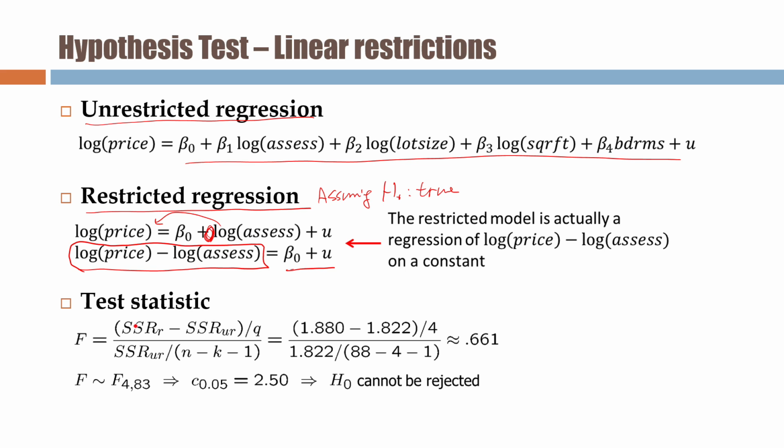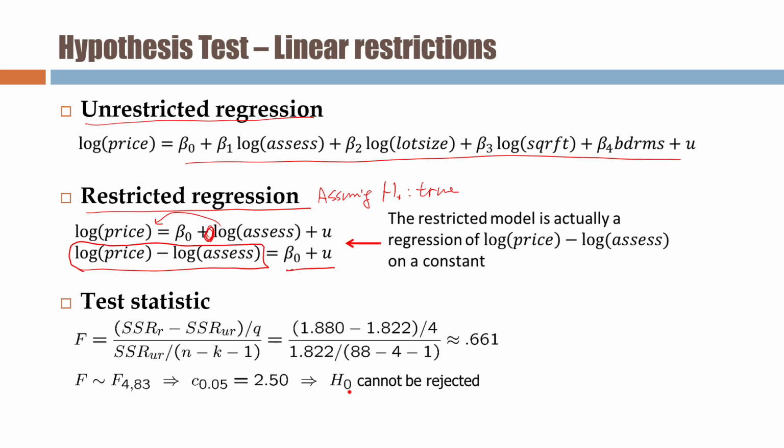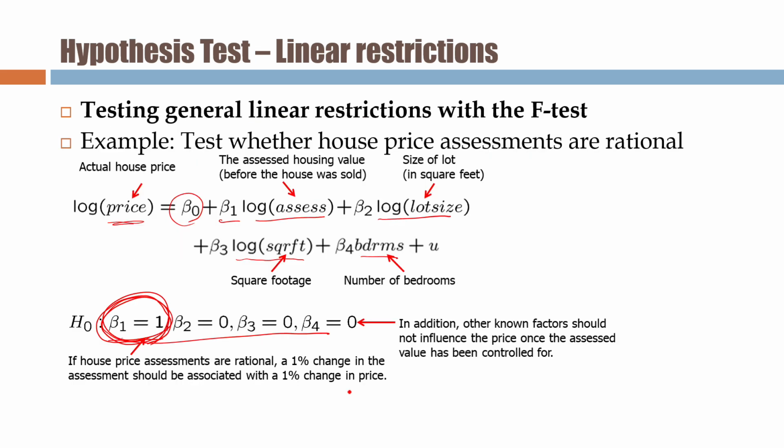Then you can calculate the SSR, or if you use R, you can simply set the hypothesis equal to 1. So I will show you how to do this in R.